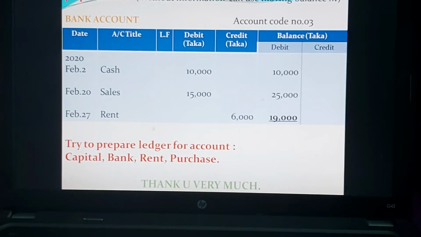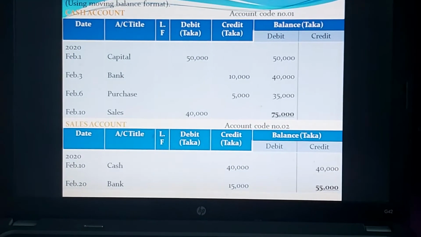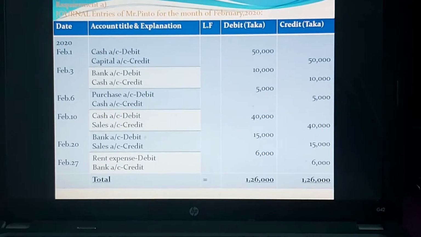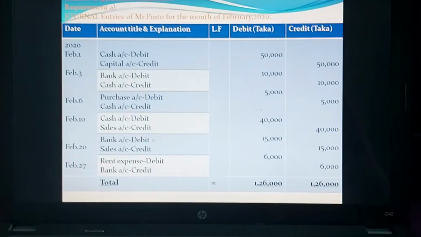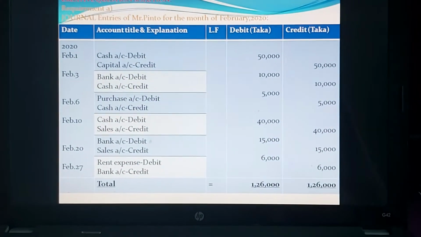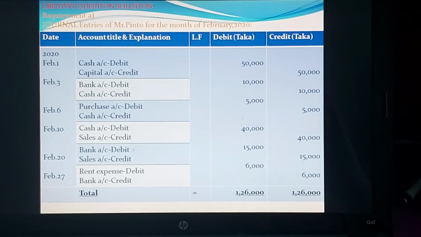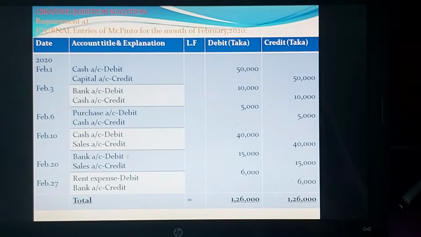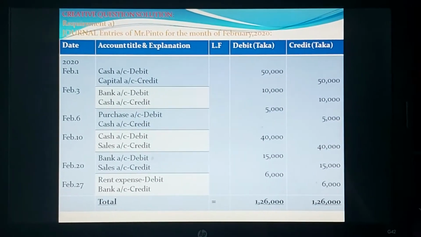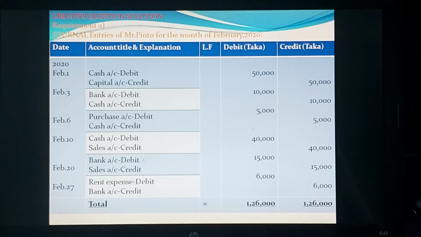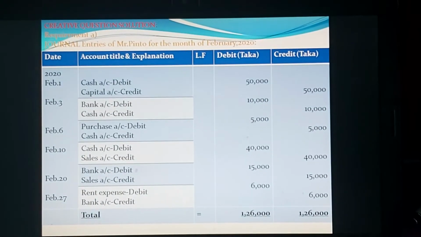Now you have to see in the question which transactions are related to the bank account in the journal. Related to the bank account journal: February 3 bank debit cash credit, February 20 bank debit sales credit, February 27 rent expense debit bank credit. So dear students, 3 transactions are transferred to the bank account.